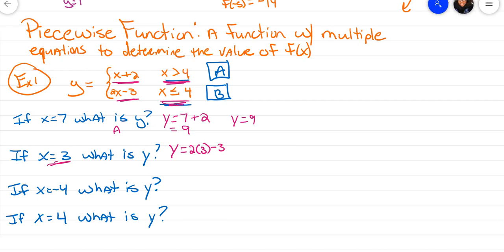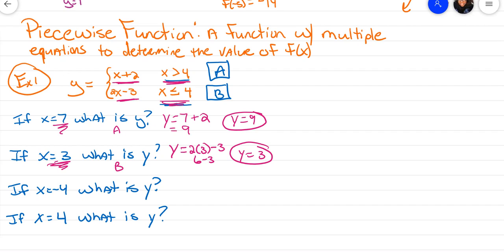I'm plugging in the specific x value. So this is 6 minus 3, and for this one I get y is 3. Let me put a B there. So we use B for that one.